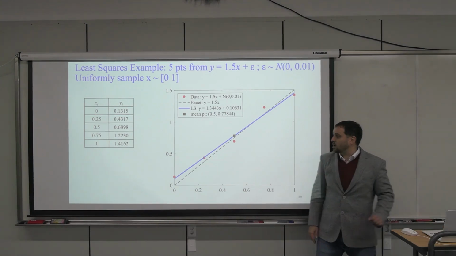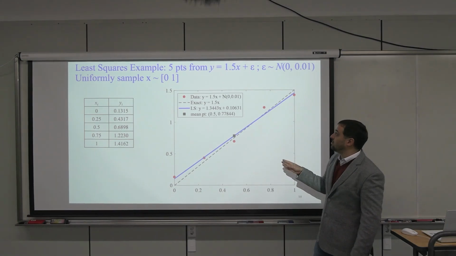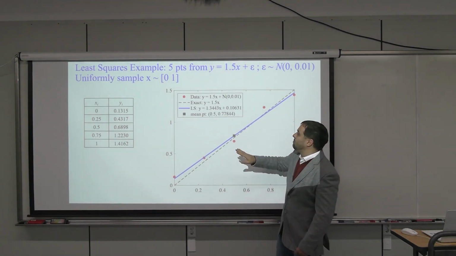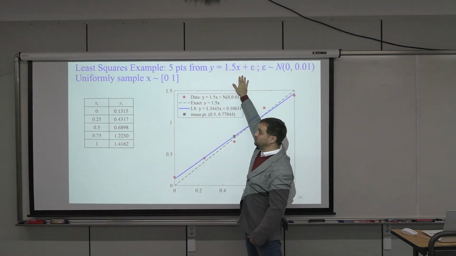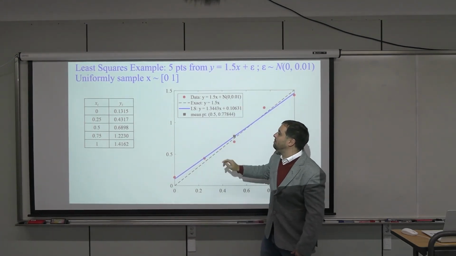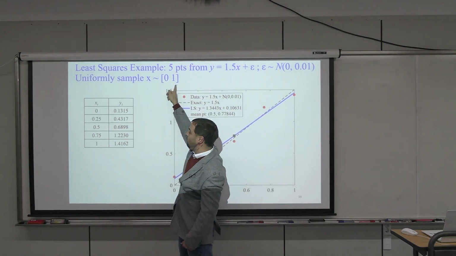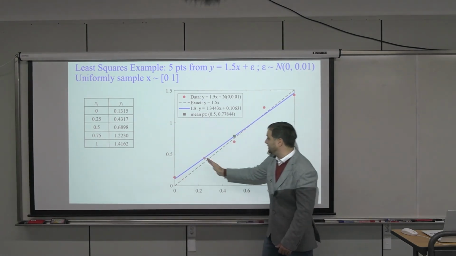And so now we're going to do another really similar example. We're going to use the same underlying function with the random noise, but now we're going to uniformly sample between 0 and 1. And so our xi's are now going to be evenly spaced.